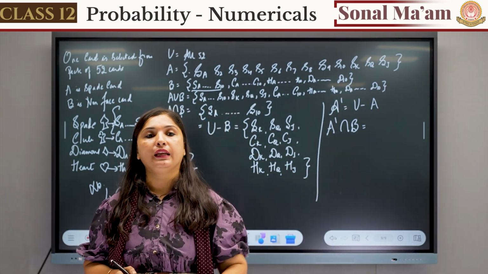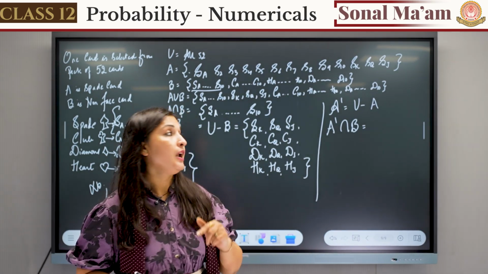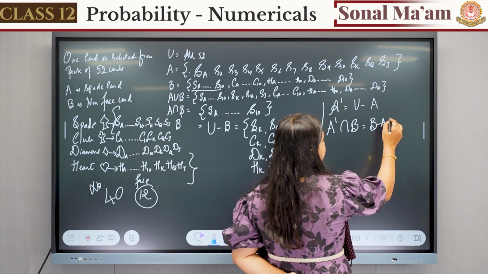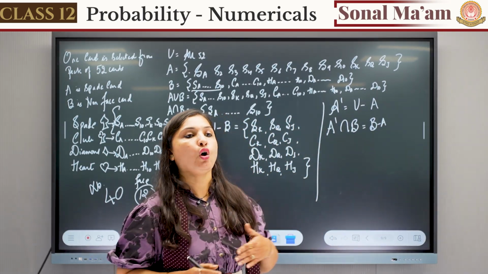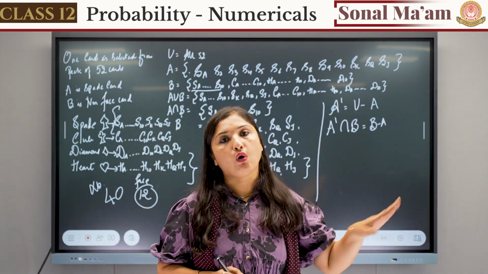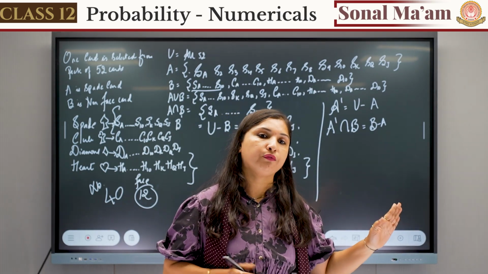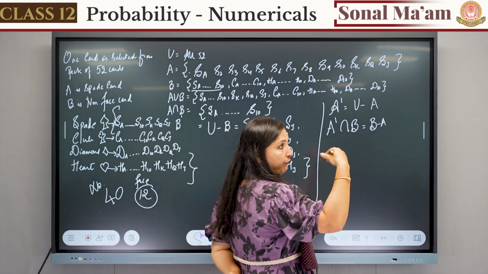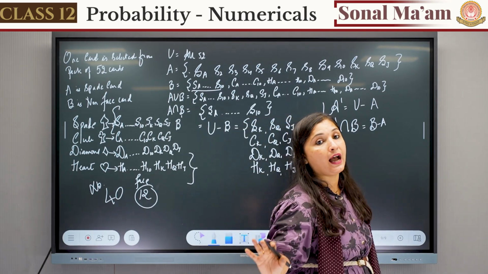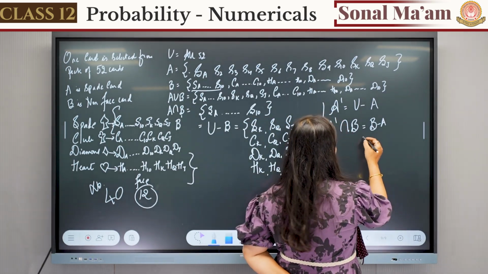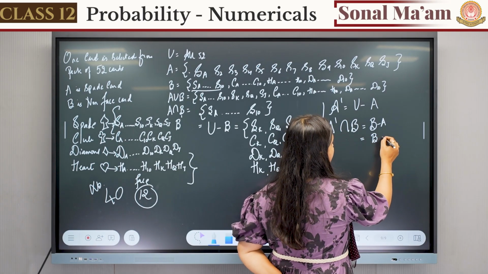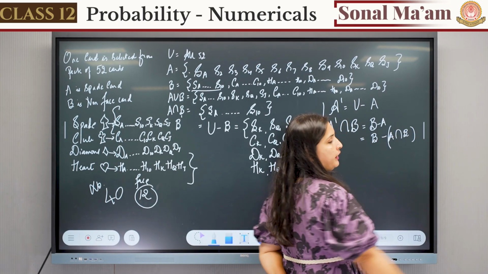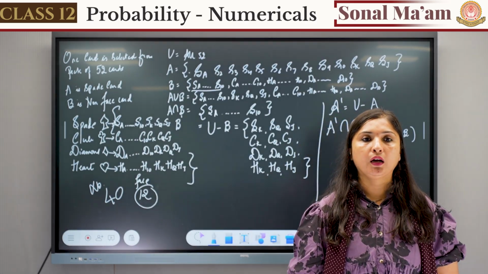From B. So this is a difference event, B minus A. If we don't want A, remove it from B. So B minus A, and we don't want their intersection portion also. So B minus A intersection B. Is it clear? Yes, ma'am.